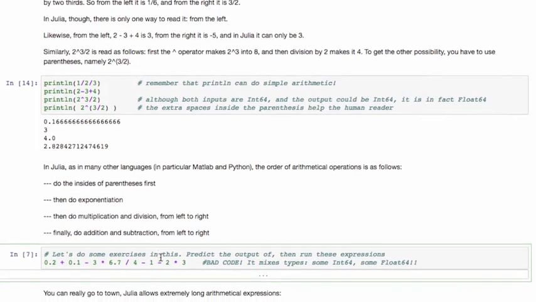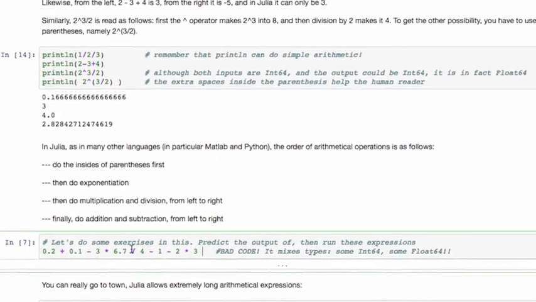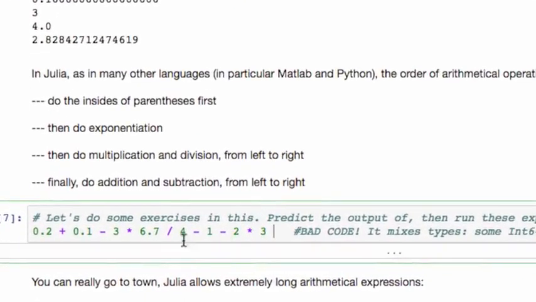Right, so here we have some code that mixes types. Don't worry too much about that. What we want to predict is exactly what Julia will do. Well, there are no parentheses, right? So that stage doesn't apply. There's no exponentiation. That stage doesn't apply. However, there is multiplication and division, so we have 3 times 6.7 multiplied by 4.